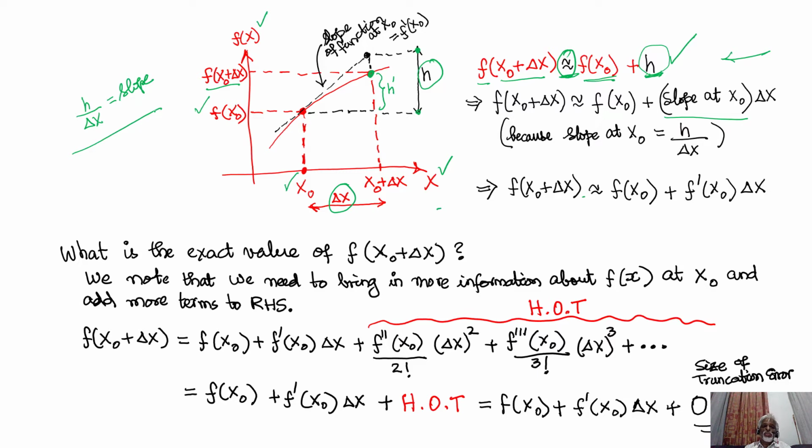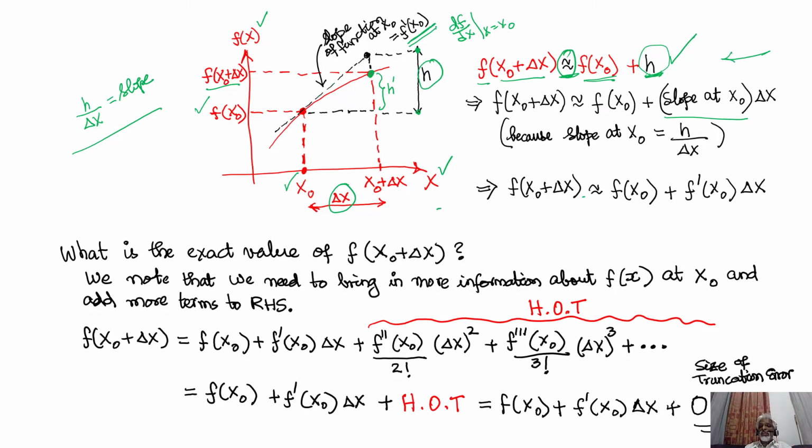So if you look at the slope of the function, that means the slope of this line that I've drawn as dashed line at x naught, that function has a certain slope which we indicate by the symbol f dash at x naught. That means it is basically df by dx at x equal to x naught. That is the slope, right? Take the derivative of the function and evaluate the derivative at x equal to x naught to get the slope of the function at x naught, which is denoted by the symbol f dash of x naught.